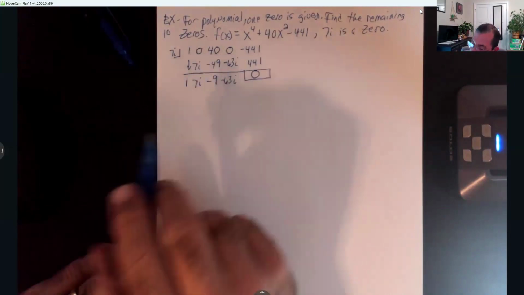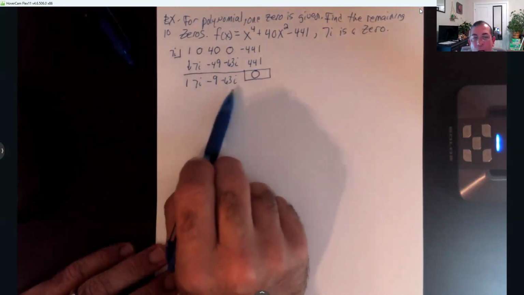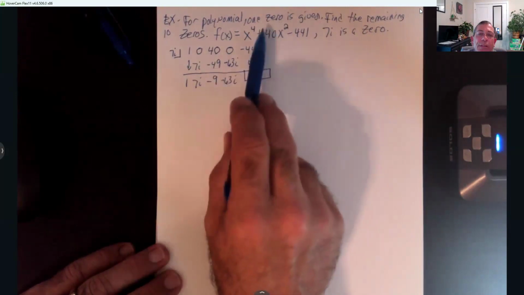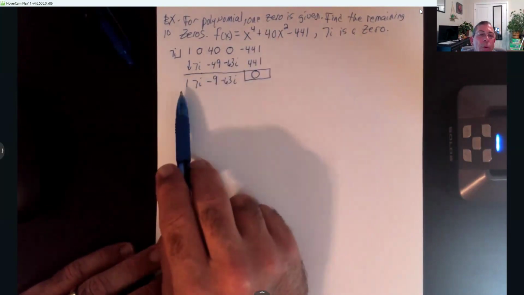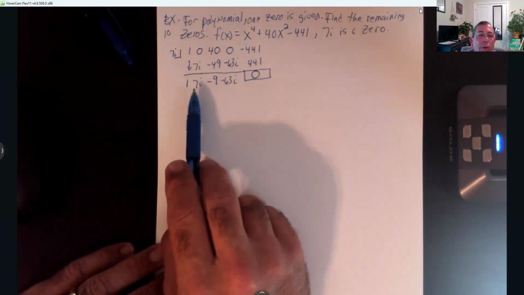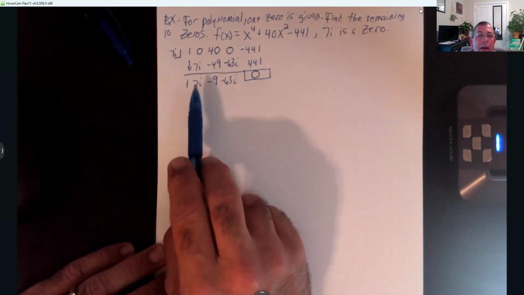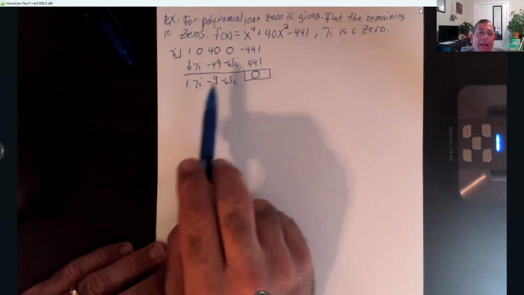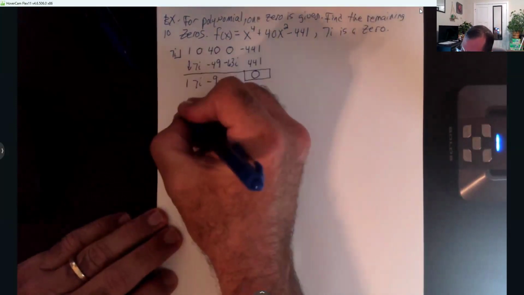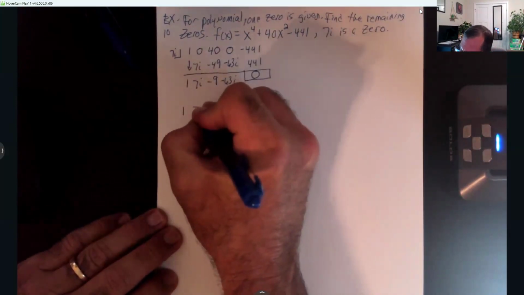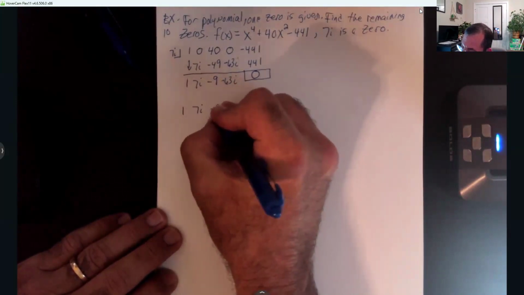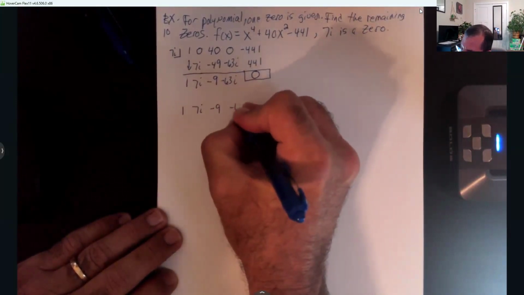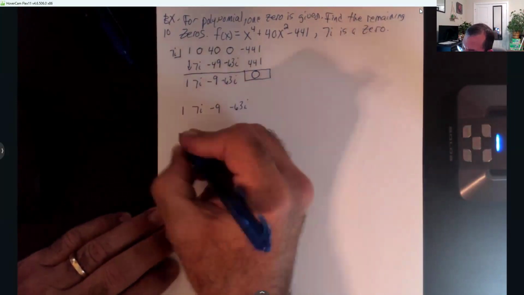So y'all, here's the thing. I still got 4 numbers. So since this was an x4, this would now be 1x cubed, 7ix squared, minus 9x, minus 63i. I still got 4 numbers, so I'm going to use those 4 numbers, and we're going to do synthetic division again.